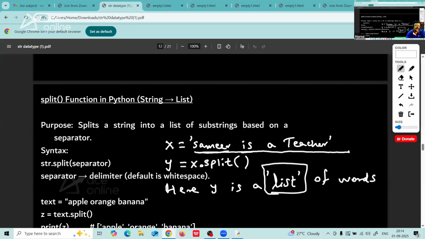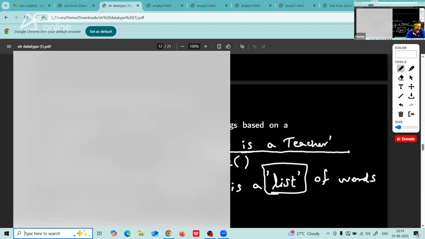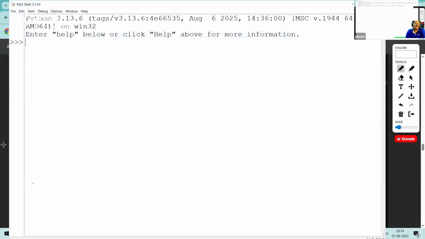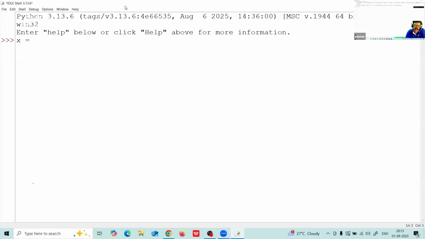Okay. Let's see this split function. So what I will do, I will start a new Python IDLE. I don't like crowded IDLE. So suppose I say x is equal to Samir is a teacher. And then I say y is equal to x dot split.